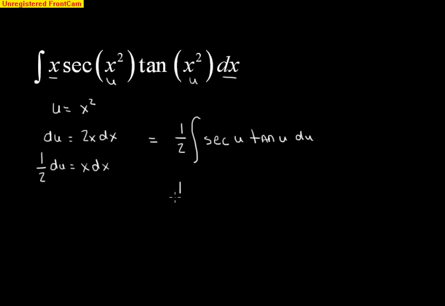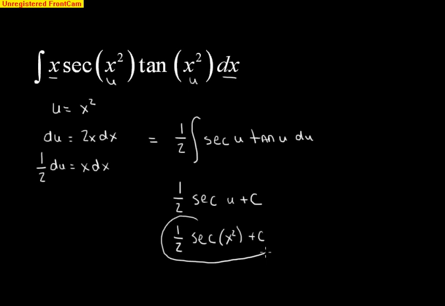So I'm going to have my answer as 1/2 secant U plus c. Putting my U back in, I wind up with my final answer of 1/2 the secant of x squared plus c. So there's my final answer for the integral there. In this one, again, we were letting U equal the angle, and we had a minor adjustment of dividing by 2.